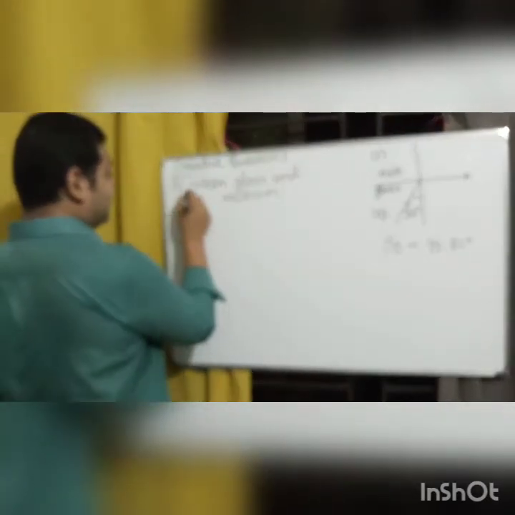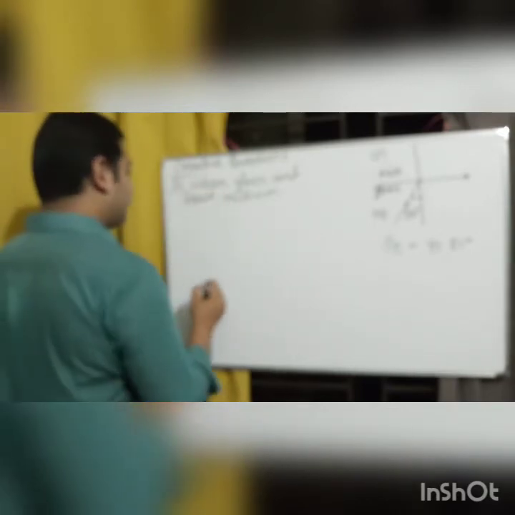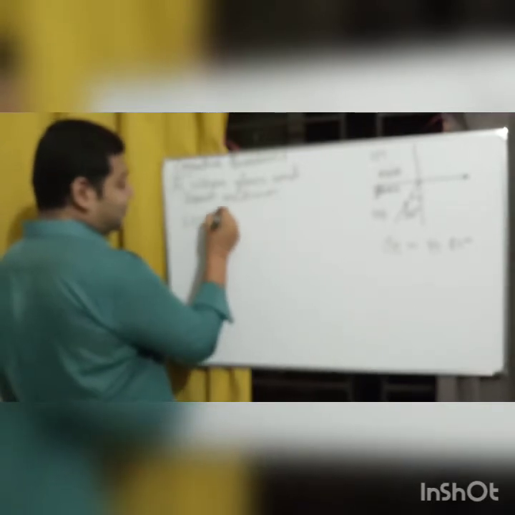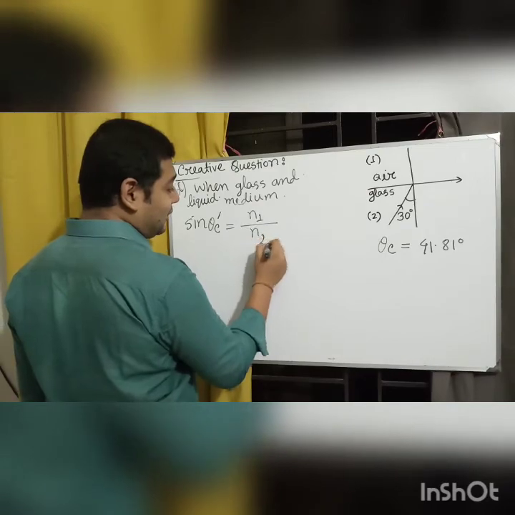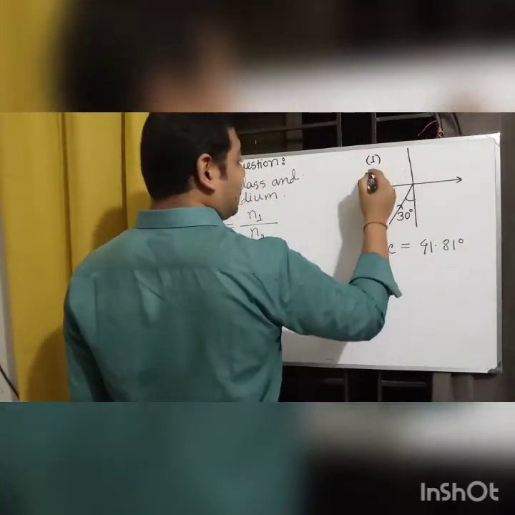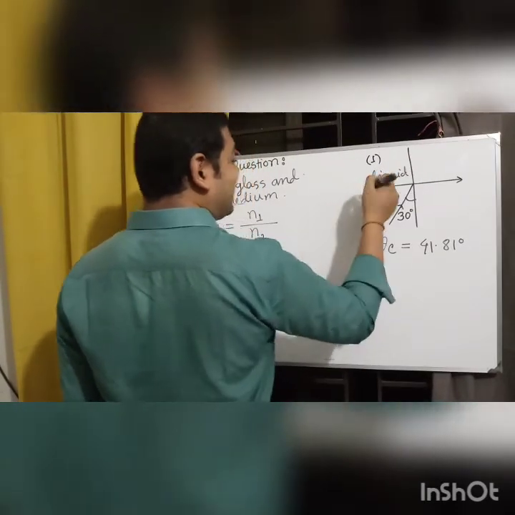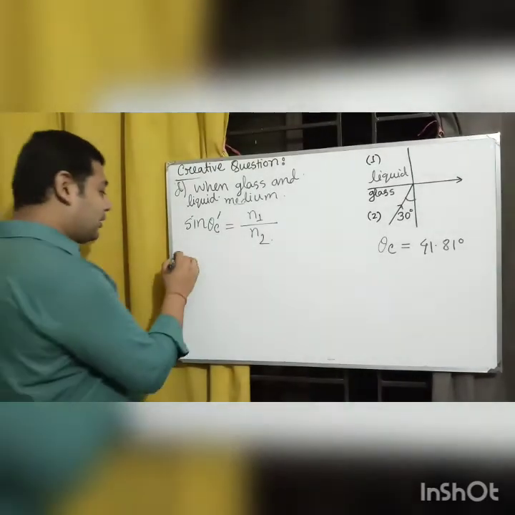Here also sin theta c prime equal to n1 by n2. Here the figure is liquid, and the refractive index of liquid is given, and that is 1.4.